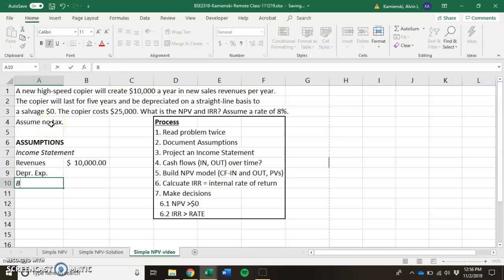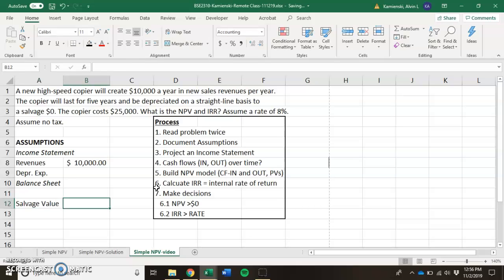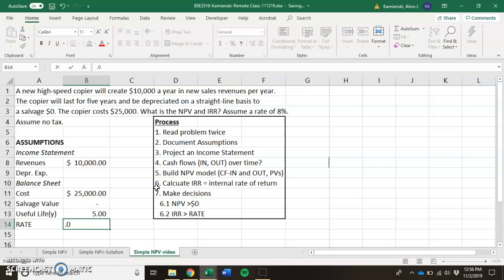So it looks like we'll be buying a copier, for which we'll have a balance sheet to concern ourselves with, where we have a salvage value of no dollars, a useful life expressed in years of 5, and all of that begins because we buy a $25,000 capital item, our copier. That's its cost, and we'll eventually use the rate of 8% to figure out our NPVs.